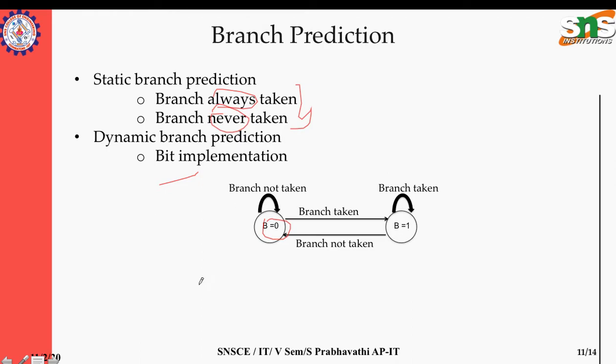So while executing our program, if b is set to 0, it means we are predicting the branch will not take place, and we keep on executing the next instruction.